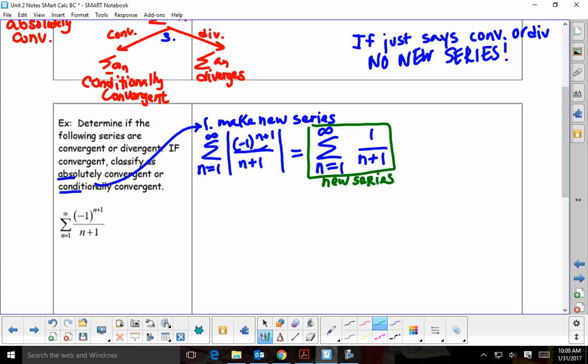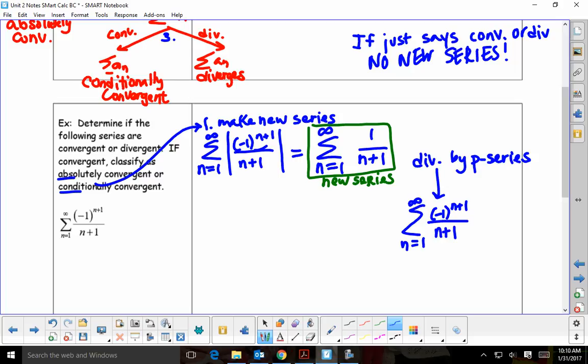So what does it do? Diverges by what? Anybody say it diverges by the integral test? Okay, fine. And that one diverges. So this tells me, if this diverges, what does it tell me about the original? Okay, so it only tells me that it is not what?